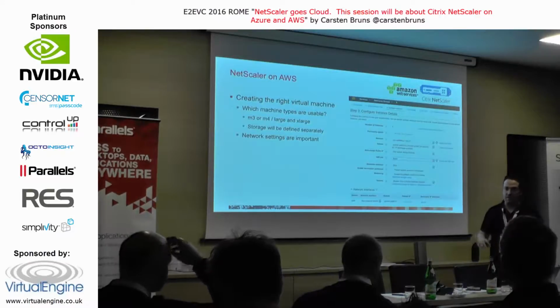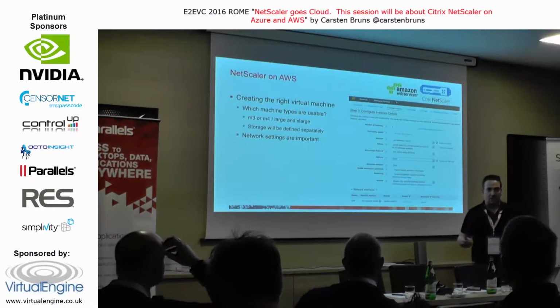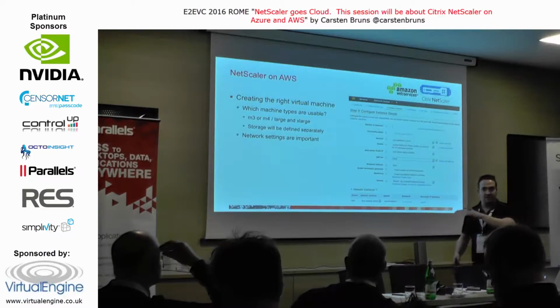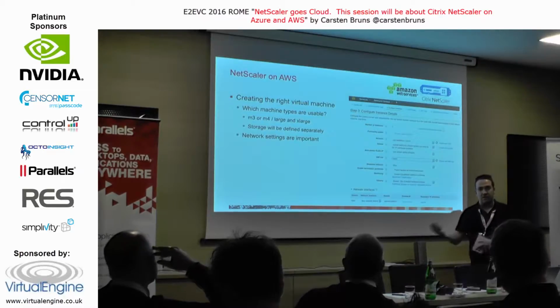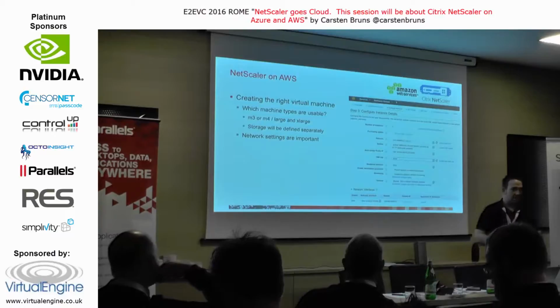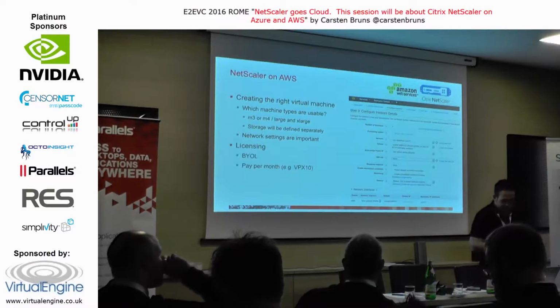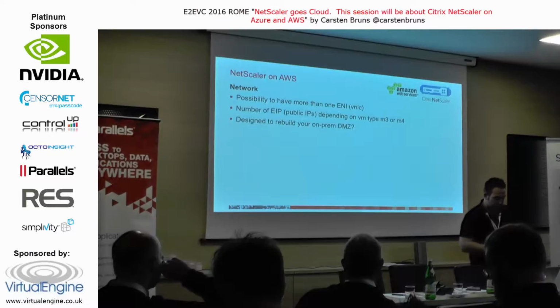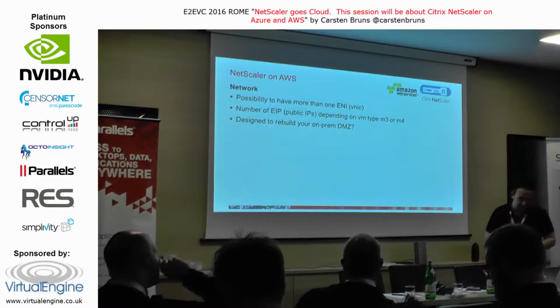I figured it out, tried it, it won't work. If you don't set it to private, you have to delete it and create a new machine with private. So please use your private subnet. Licensing again, already talked about it.